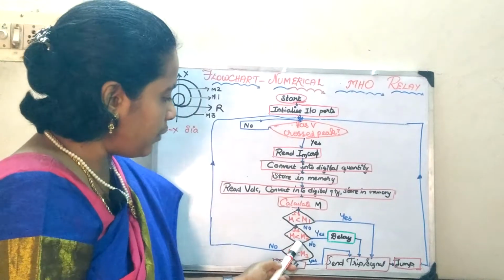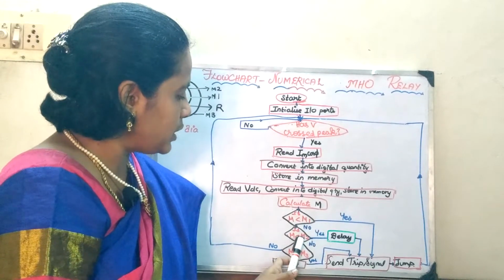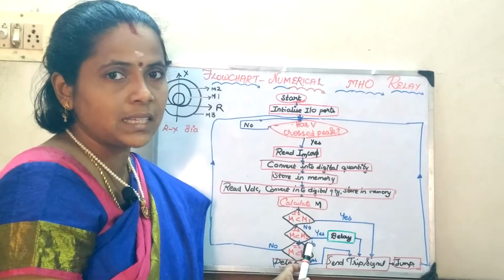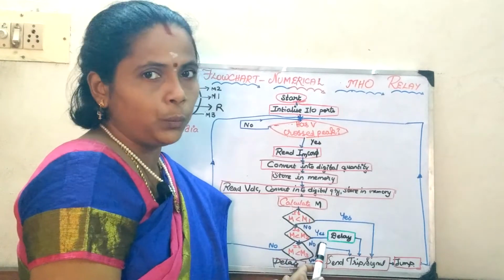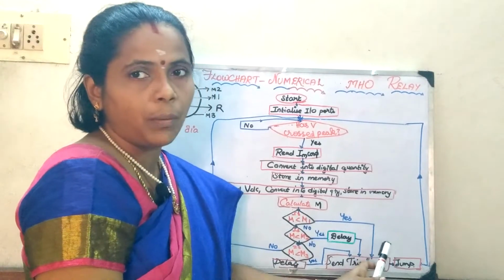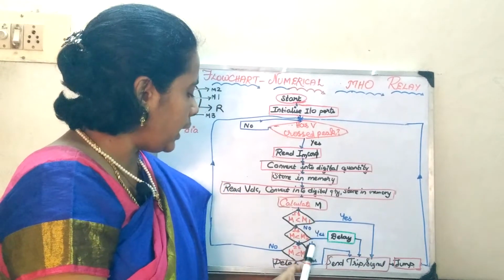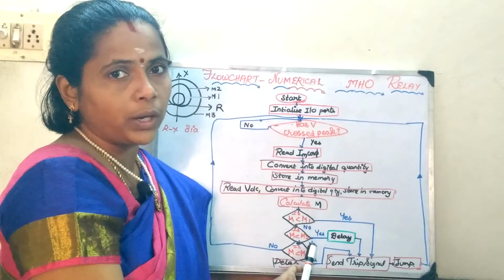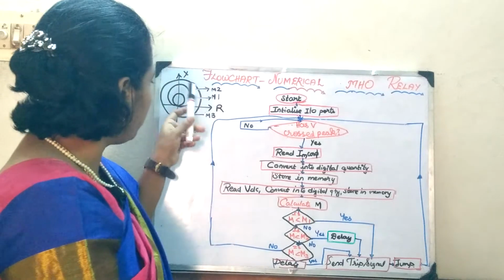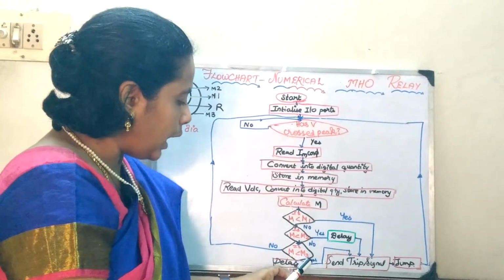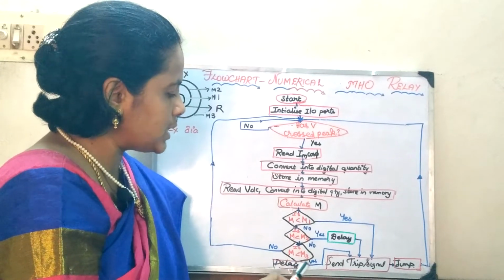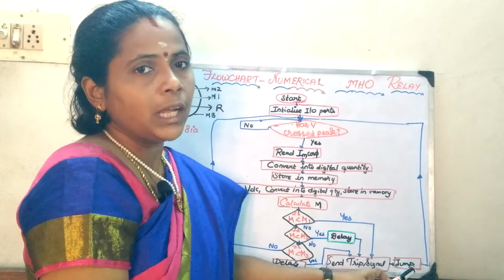In this case, after a predetermined delay, if the value is less than M2, then the fault is occurring in zone 2, and it will send the trip signal to operate the relay. Otherwise, if the fault is in the third zone, then you check whether M is less than M3. In that case, after a greater delay, the delay will be more, it will send the trip signal and operate.